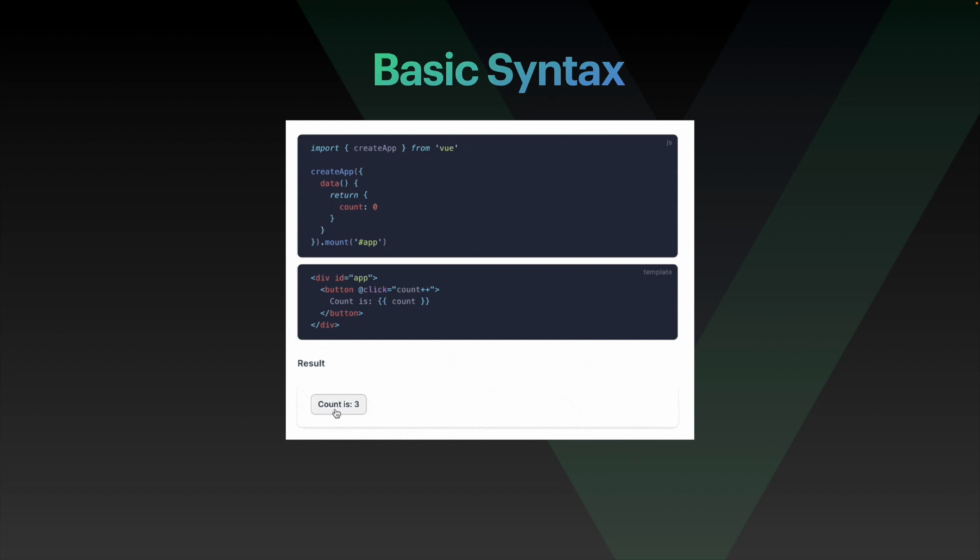Through a handler, you can start changing this count, increasing it, and as you can see, it's working, and it's just a couple of lines of code and you've got so much stuff that's done for you. So trying to do this from scratch with just normal JavaScript would take you more lines than this.